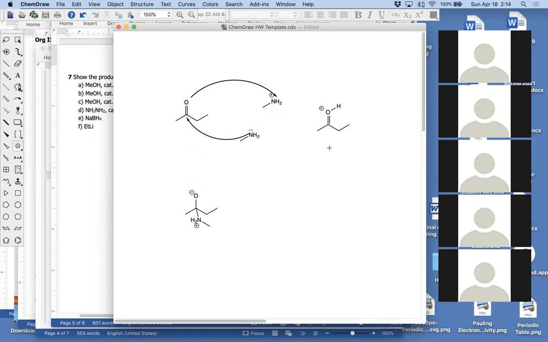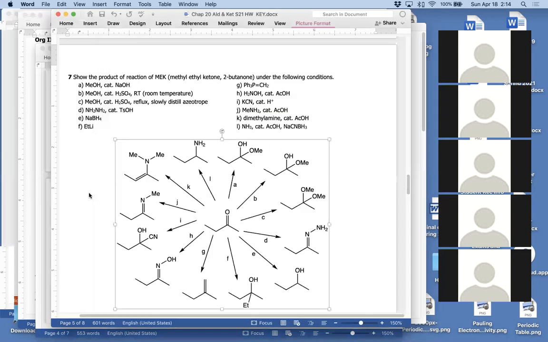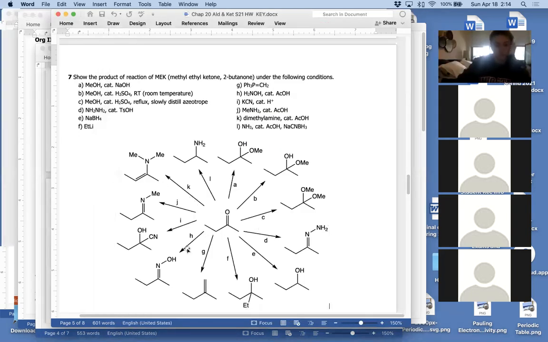For H, I did the same thing as protonated ammonium. Well, H and D, I would say, are different because they're much better nucleophiles. It's about the alpha effect.